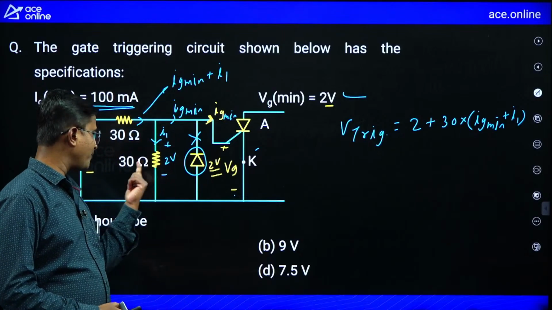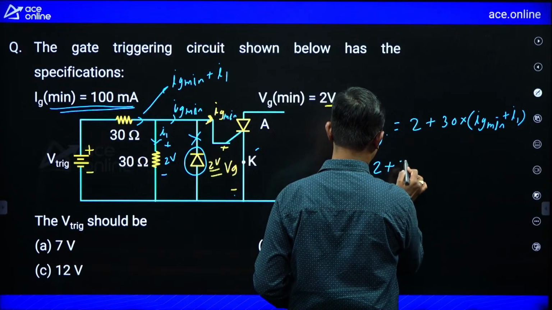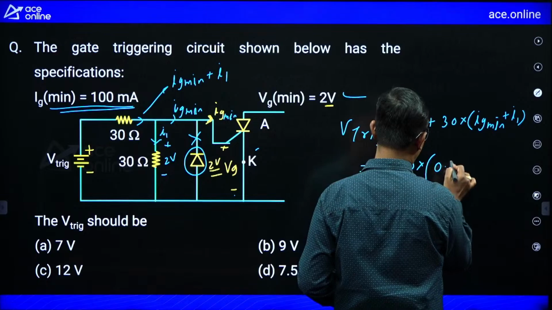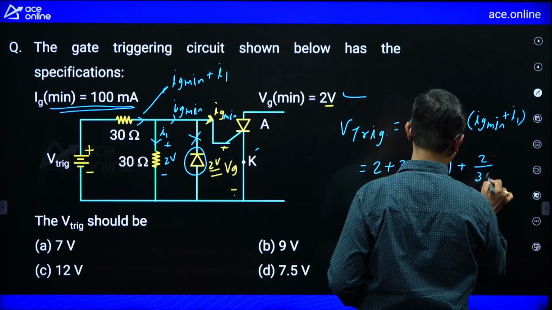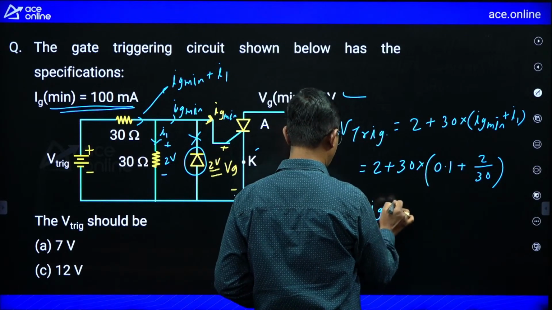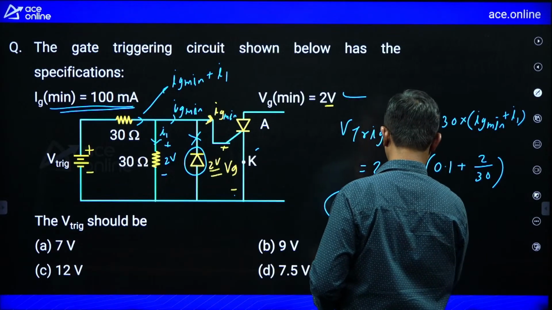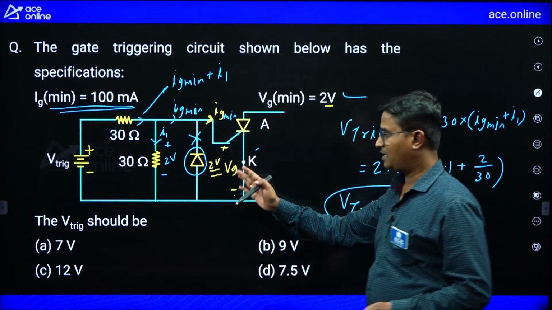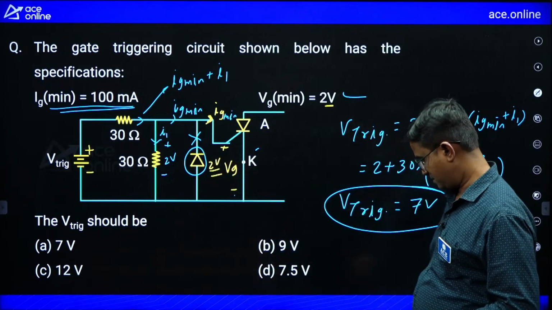So I can write it as 2 plus 30 into Ig min, which they have given as 0.1 ampere, plus 2 by 30. You can simplify this and find the V trigger. After simplification, you can get it as 7 volt. So strictly speaking, this is a simple network theory problem, because this voltage they have given here.